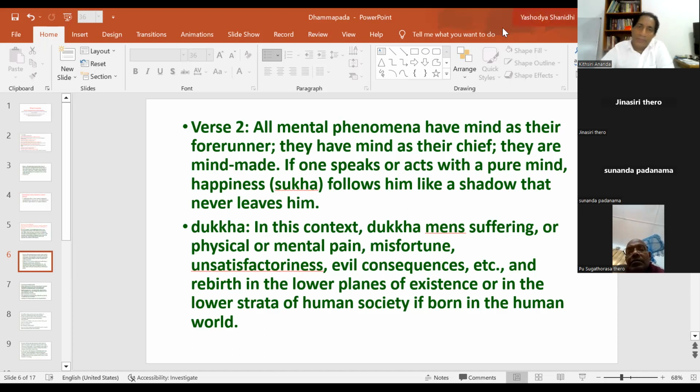Likewise, sometimes the consequences may get late, when everything conducive gets formed so that you can bear the result. You will experience the outcome of your own performances.